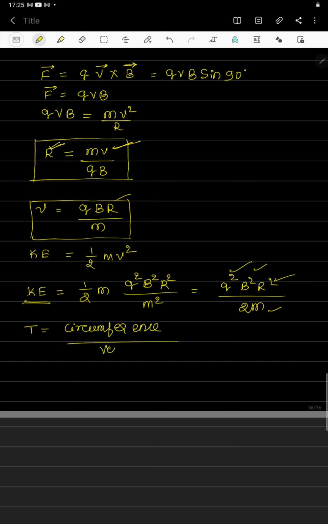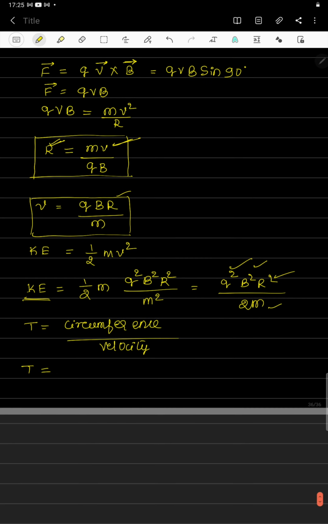We already know the expression for the velocity, and the circumference of the circular path is 2πR. So T, the time period, is how much time the charged particle takes to complete one circle inside the D. Circumference 2πR divided by velocity qBR/m becomes equal to 2πm divided by qB.